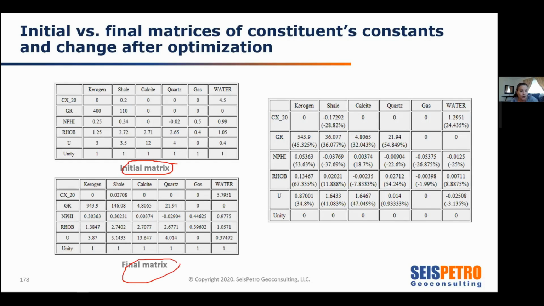So it's going to show you that, for example, the shale conductivity starting at 0.2 was adjusted to 0.27. The water conductivity, and this example here, by the way, is not the one from the class, I think, I don't recall now, started at 4.5 and ended at 5.8. One thing that we as users then have to do is inspect this final matrix and evaluate if it makes sense or not.